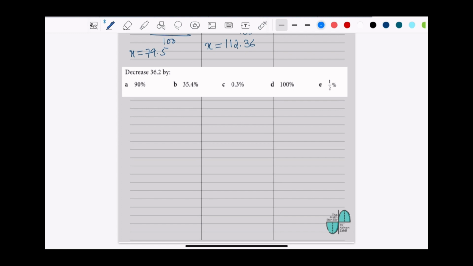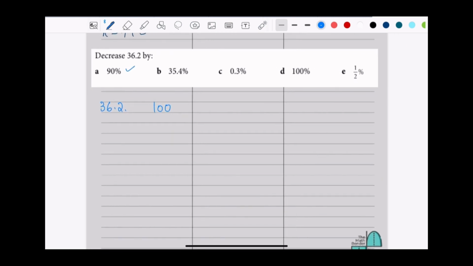Let's look at decrease. So the original number here is 36.2, which I need to decrease by 90%. So the original number represents 100% always, and I need to decrease it by 90%. So the remaining percent is going to be 10%. The question is that if you decrease it by 90%, what will be the final number?